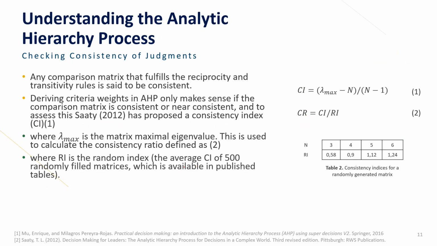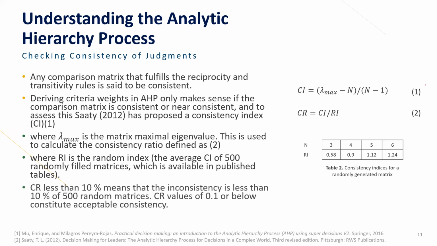Don't worry about this number and this formula yet. We will see the implementation in the next slide. Later on, after you calculate the CR, you will compare whether your CR is less than 10% or 0.1 or not.